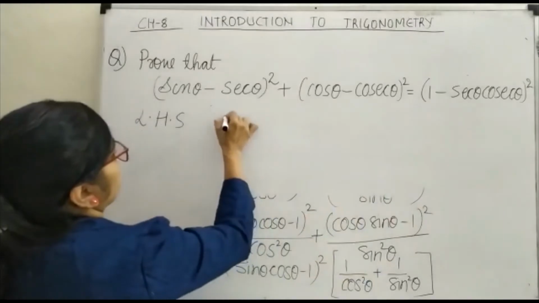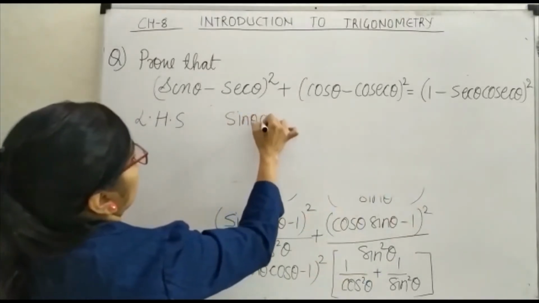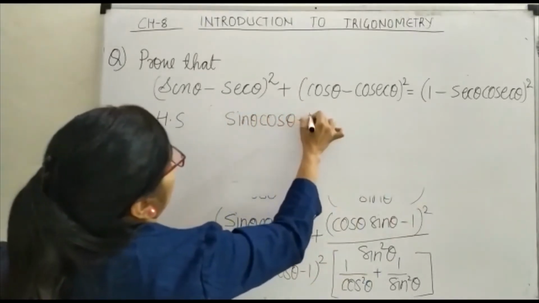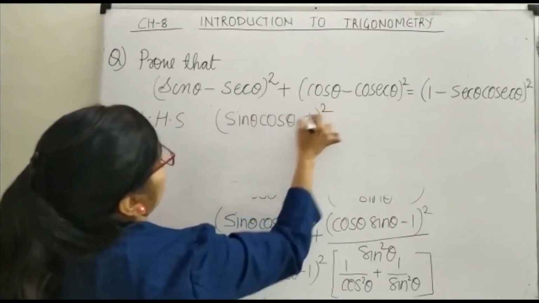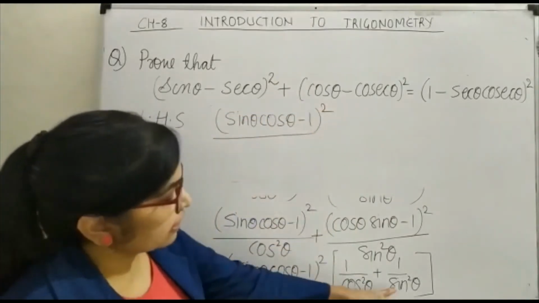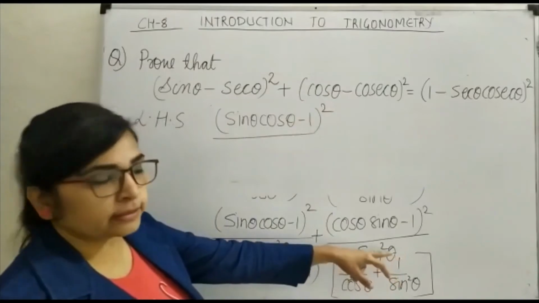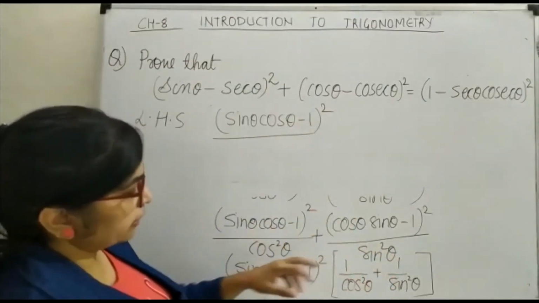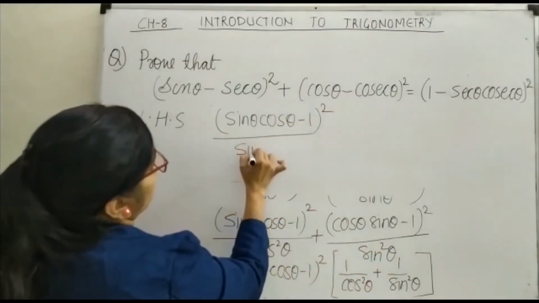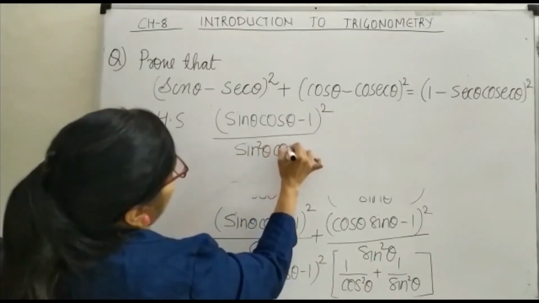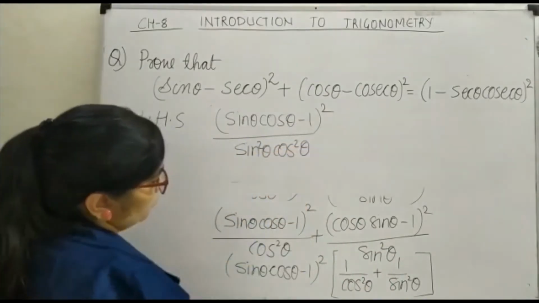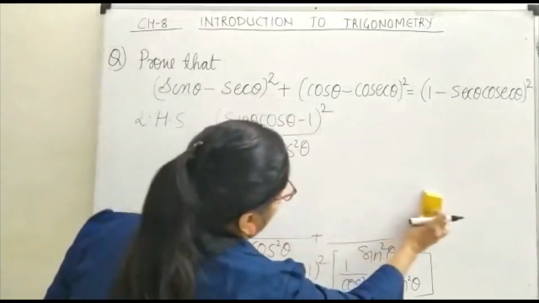Now we get (sin theta cos theta minus 1) the whole square upon, you can see here, sin square theta plus cos square theta. In the numerator it will be 1, and in the denominator you are left with sin square theta cos square theta. Okay, so this is our left hand side.